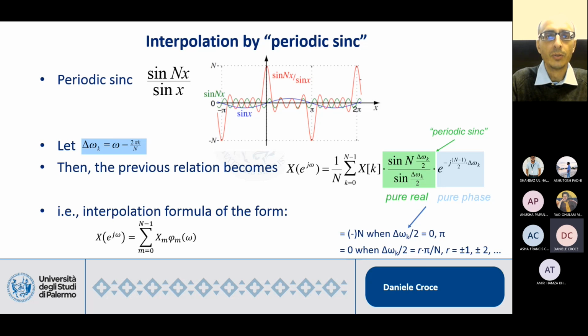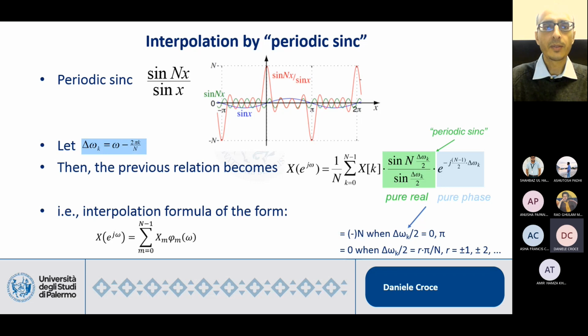And then you see in blue the lower function sine of x, okay? And if you consider the ratio between the two, you obtain this red function that looks like the sinc function, but with the difference that it's periodic, okay? So this is what I mean by interpolation by periodic sinc, because all of the samples of the DFT are multiplied by periodic sinc to reconstruct the discrete time Fourier transform.